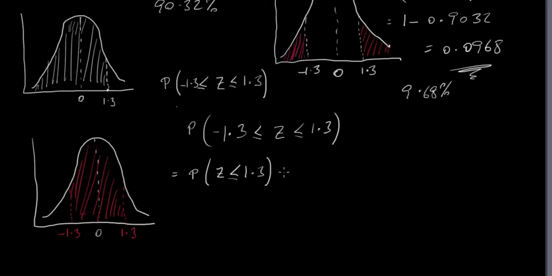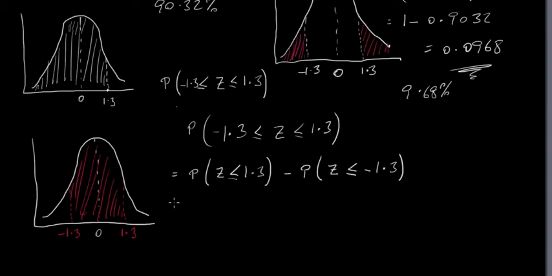Now we want to subtract the probability that z will be less than or equal to minus 1.3. So we want to subtract, this part here gives us all of this. This part here will give us this little bit here, this blank bit. So we subtract the two, and that will give us the bit in the middle here.